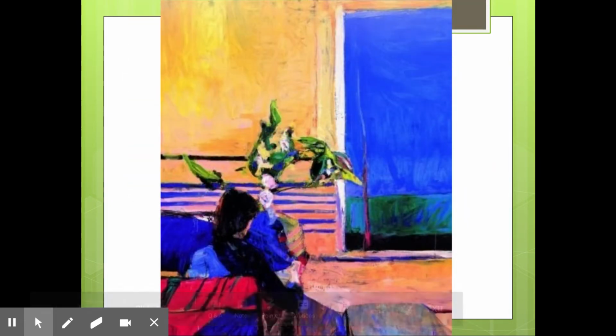In this next example, we're looking at an image that is dramatically different from one side to the other. Why we call this asymmetry is because even though there's nothing mirrored about it, the image is designed in a way that no one part overpowers the other. Well, how can that be? We have this really bright, intense yellow-orange on the left side, a big, bold block of color, but it's balanced by a bold, high-intensity blue on the right side.